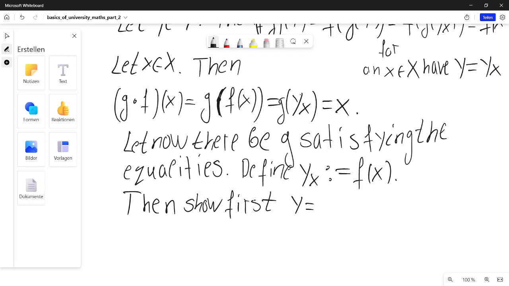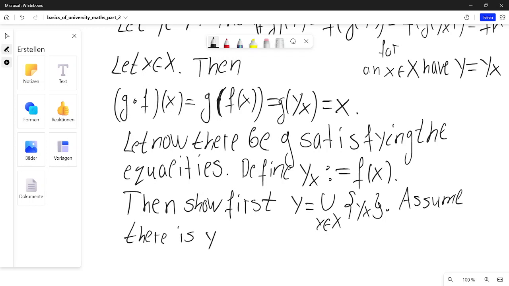y is equal to y_x for x an element of X. Assume there is a y such that there is no x in X. That is the case if f is not surjective, right?